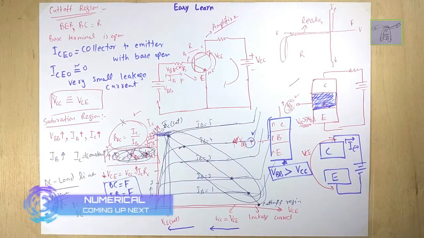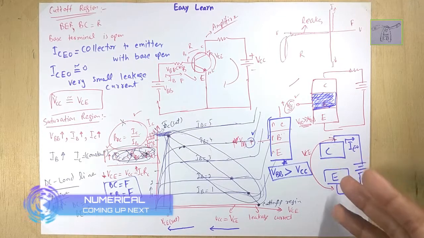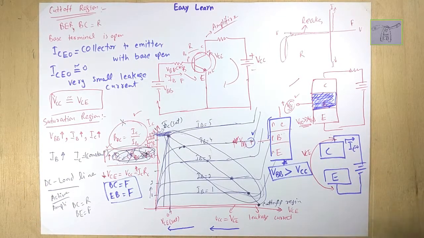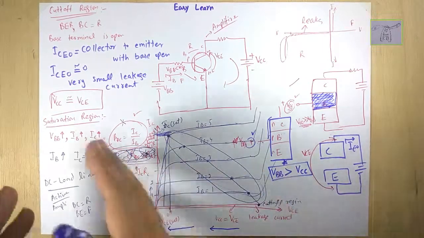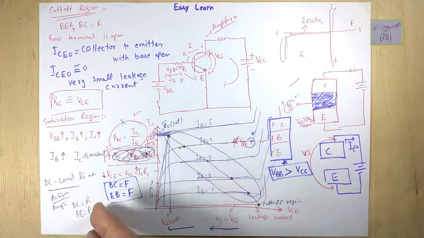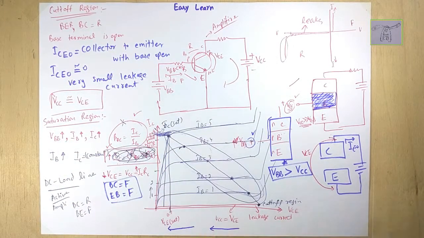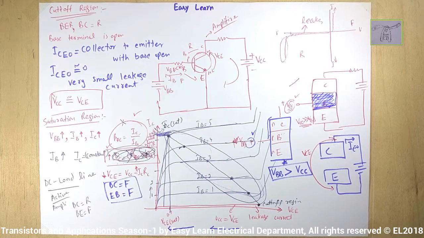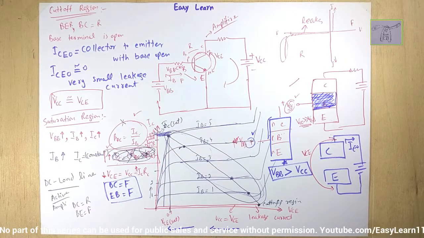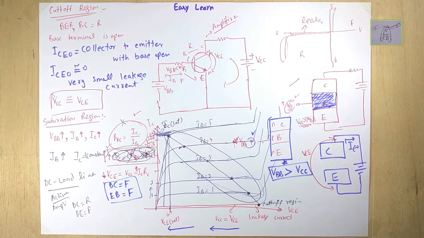In the coming episode we will try to clear these concepts with the help of an example, and find out how to calculate whether our bipolar junction transistor is in the saturation region, the cutoff region or the active region. These are the questions that come in exams.